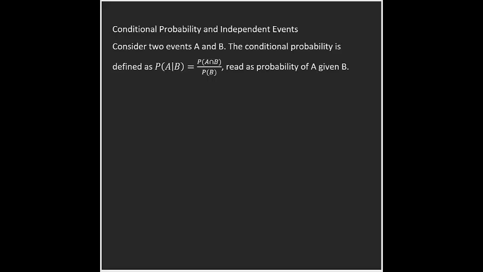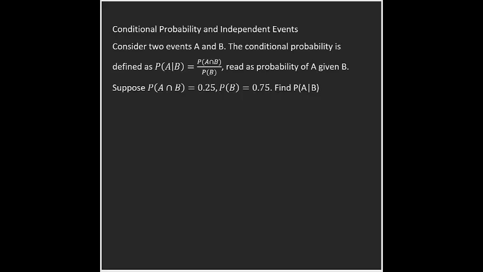Now we'll see one example and then we'll go to the next, which is the independent events concept. We are given probability A intersection B is 0.25, probability B is 0.75. We need to find probability A given B. We can just use the formula.